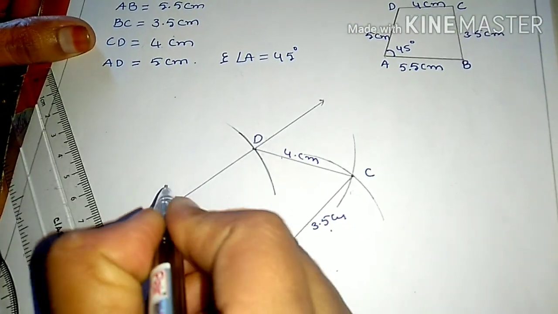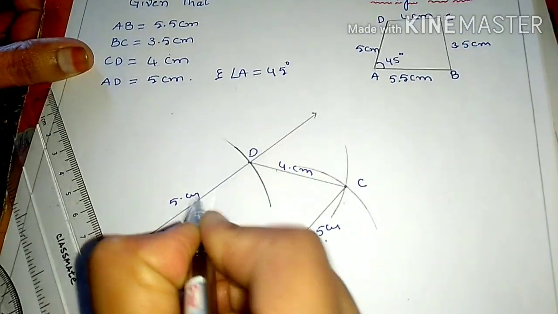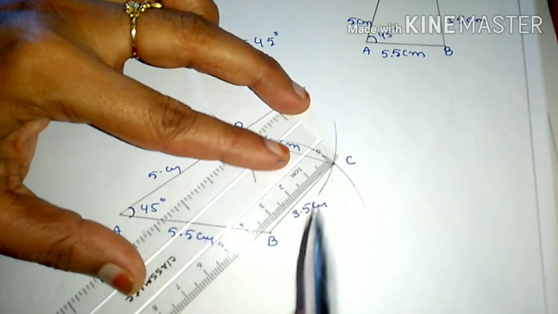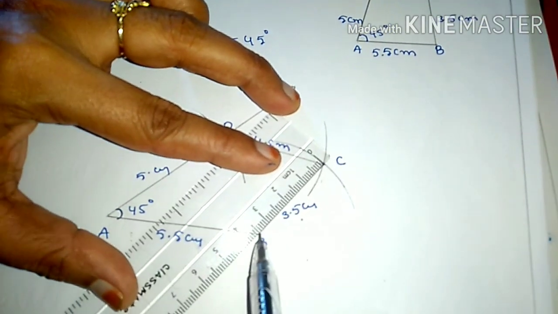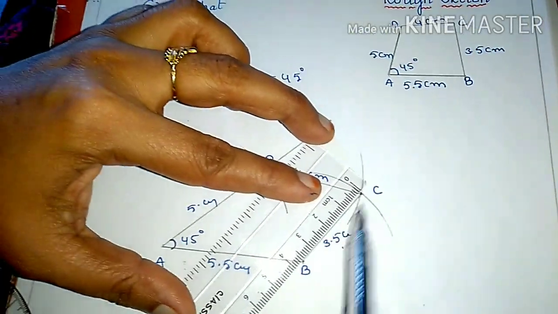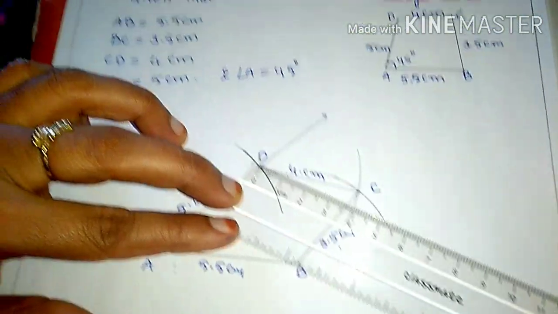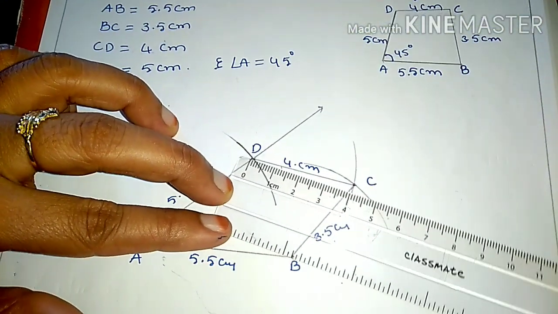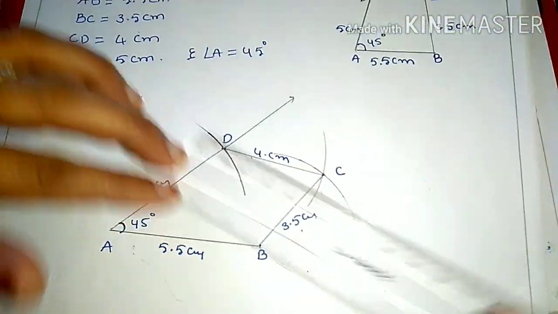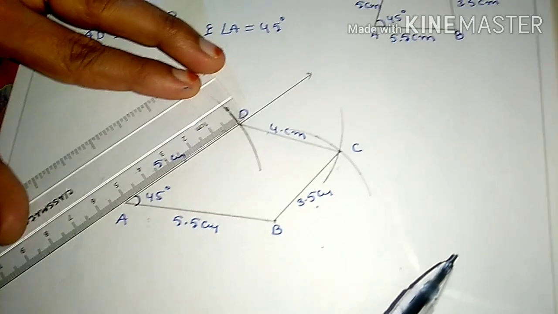Next DA, AD equal to 5 centimeters. Is it correct or not? Observe: 0 to 3, exactly 3.5 units here. Next, 0 to exactly 4 centimeters. Next, 0 to 5.